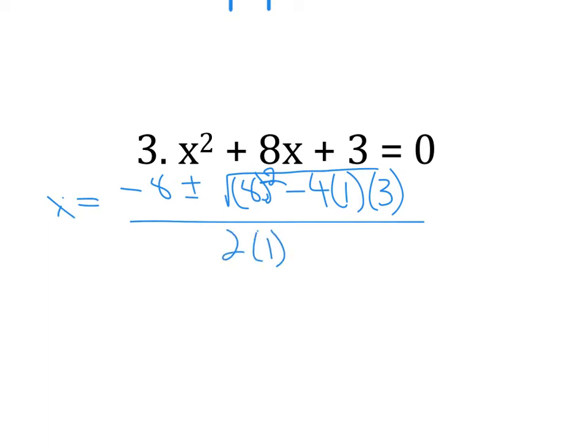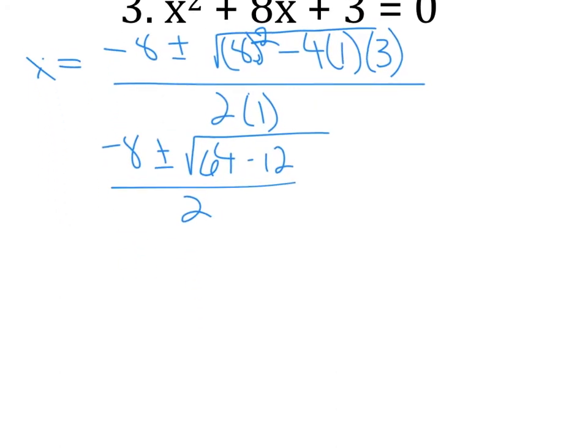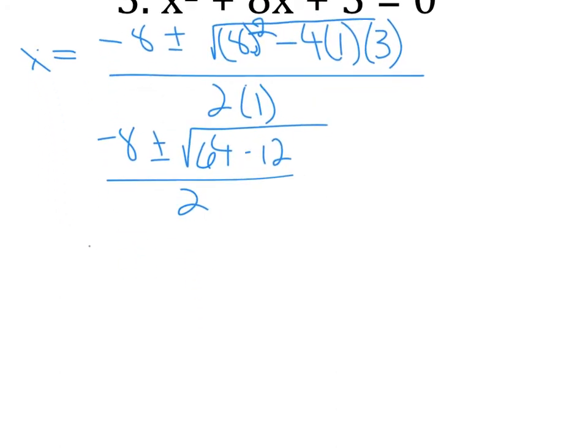So simplifying, we get negative 8 plus or minus the square root of 64. 4 times 1 is 4, times 3 is 12, so minus 12. All over 2 times 1 is 2. Simplify, that gives us negative 8 plus or minus the square root of 52.